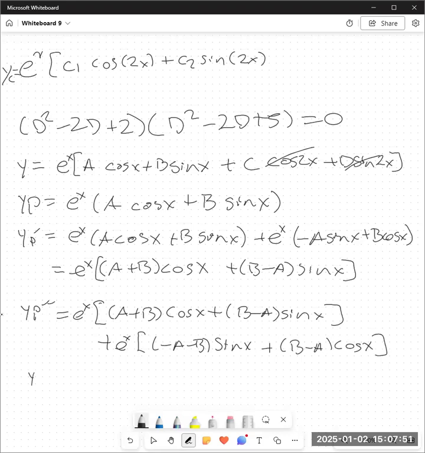So this is yp double prime. A minus a is 0. B plus b is 2b cosine of x. And then negative b and b is 0. This is minus 2a sine of x.